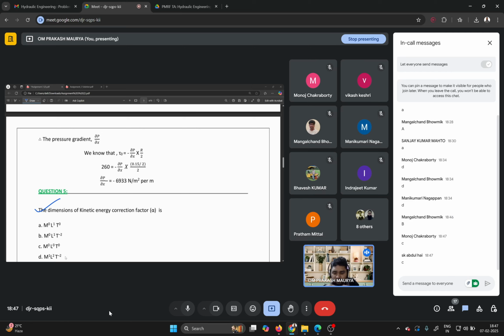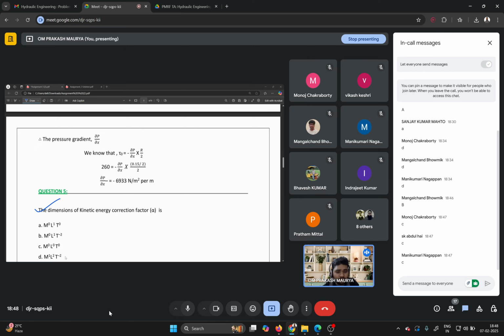And one question I also want to ask verbally. The kinetic energy correction factor value in case of laminar or in case of turbulent flow. Or I want to ask in another way, whether the kinetic energy correction factor will be more in laminar case or turbulent case.